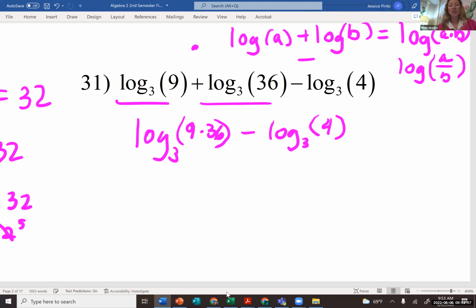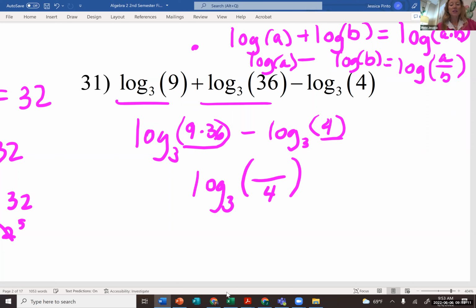So that's going to change to a single log where I'm going to have these parts dividing each other. So still log base 3. The denominator is 4, and the numerator is 9 times 36.